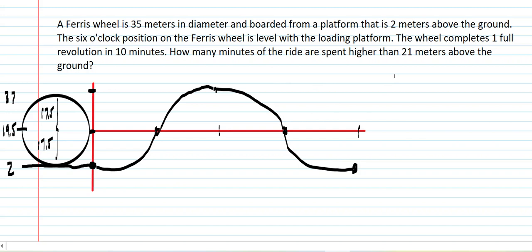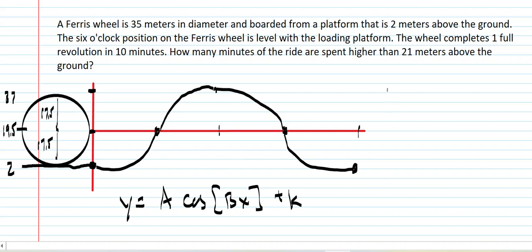All right, so let's take a look at what we know. We want to fit it into the formula y equals a, and so we're using the cosine function of bx plus k. And in this particular problem, there's going to be no horizontal shift, so I could leave off the x minus h part.